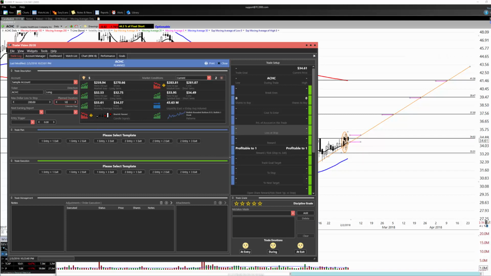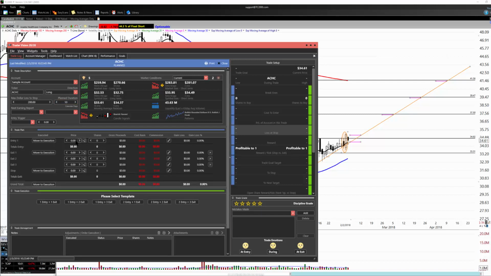But again, I'm going to do 3. You do what works for you, if it's 1 entry and 1 exit, or 1 entry and 2 exits, or whatever. You do the plan that works for you, but the process is what we're trying to learn here. Let's say that we've got an entry about 35.10.